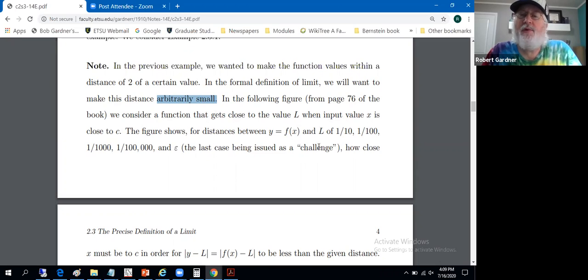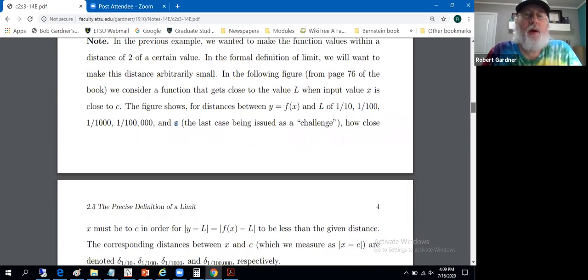How close? Let's draw pictures for that distance of 1/10, 1/100th, 1/1000th, 1/100,000th, and then some arbitrary value epsilon. You'll get used to epsilon, Greek letter. How close must we make the x values to C to get the function values within these various distances of L?